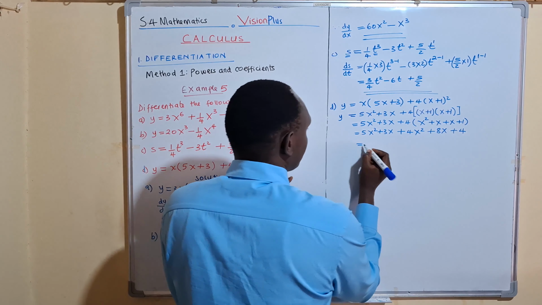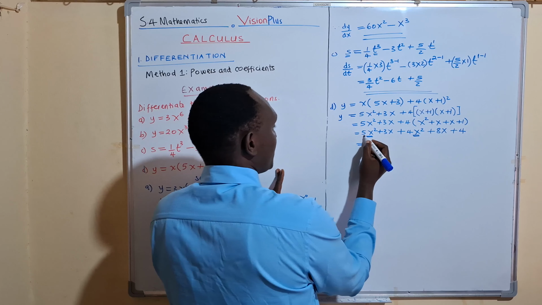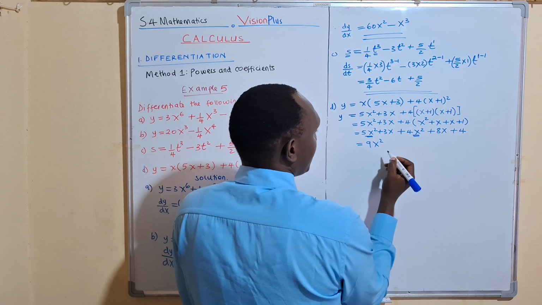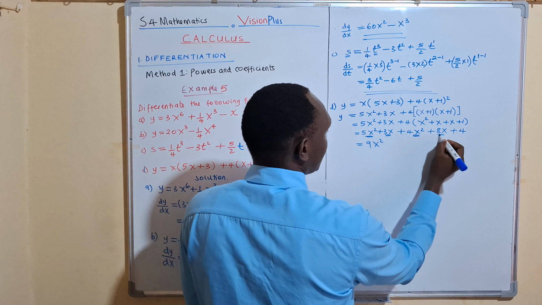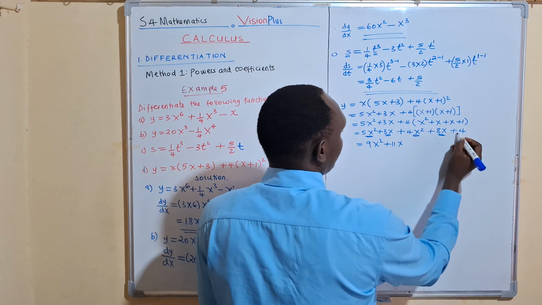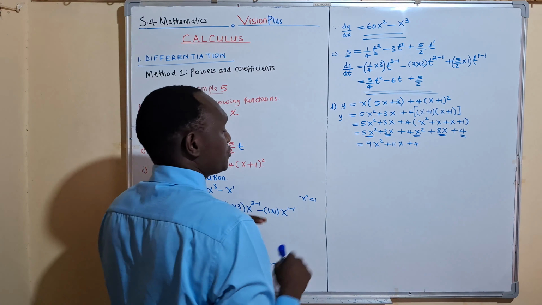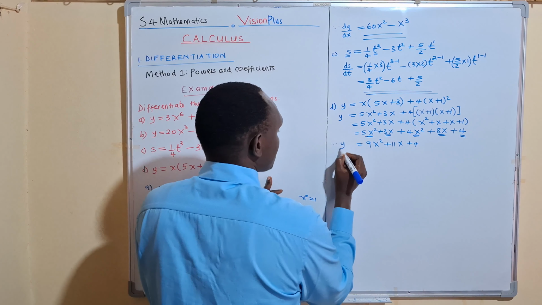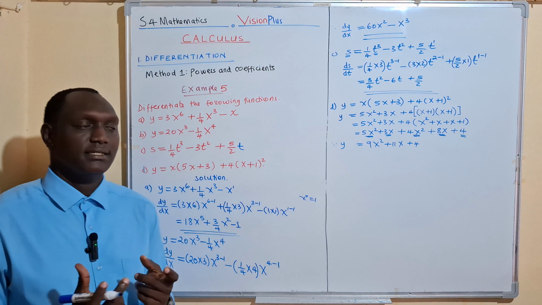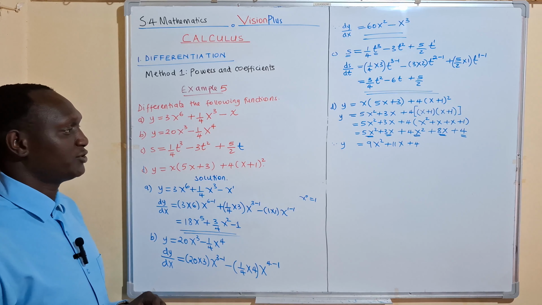Then we collect the like terms. 5x squared plus 4x squared gives us 9x squared. And then 3x plus 8x gives us 11x. And then plus 4. So this is just y. We have expanded and then combined the two terms that were given in the function of y.